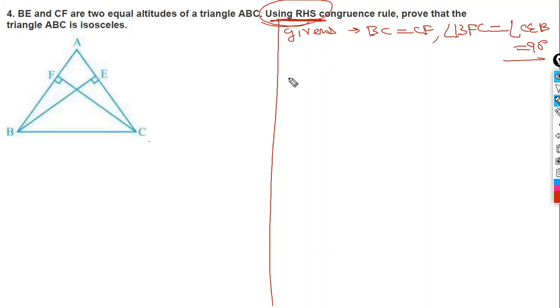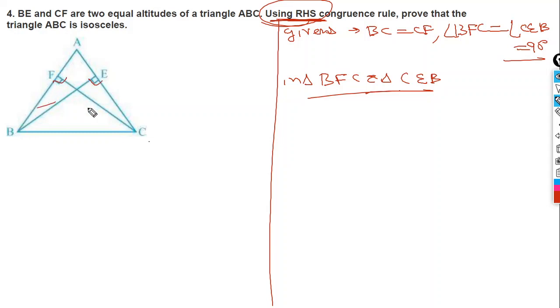Now in triangle BFC and triangle CEB, in between these two triangles we have first the right angle. For RHS, you have to put the right angle: this angle and this angle are right angles.